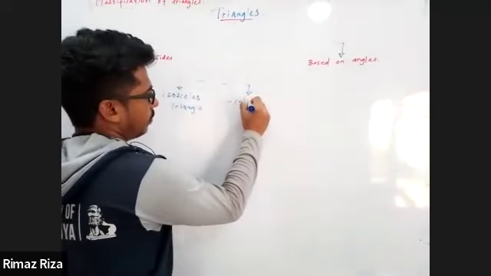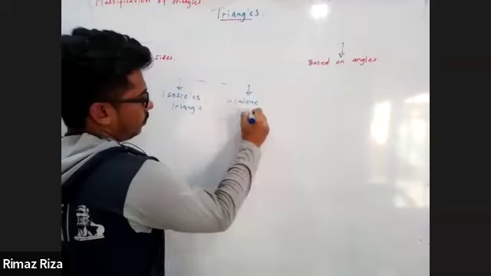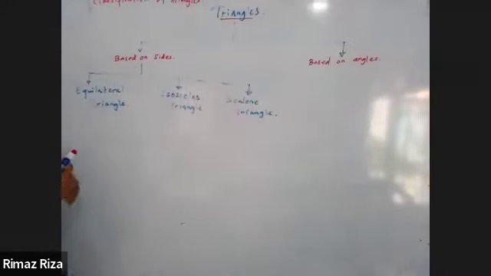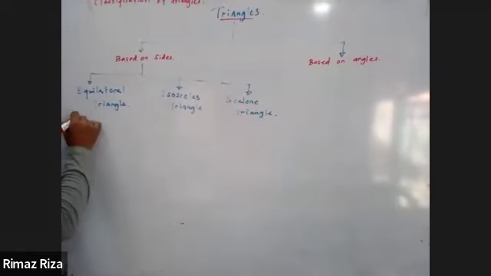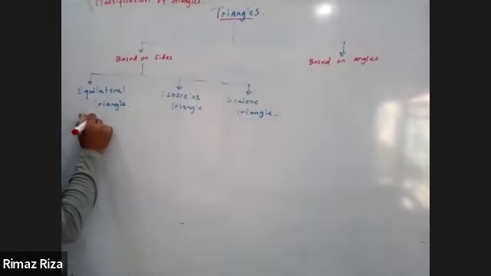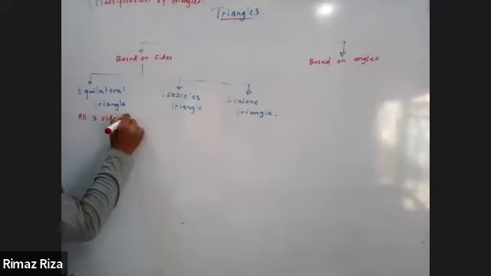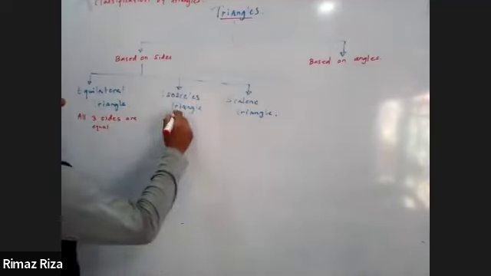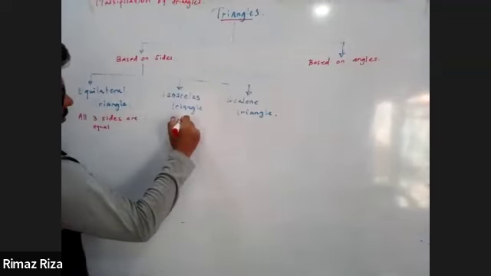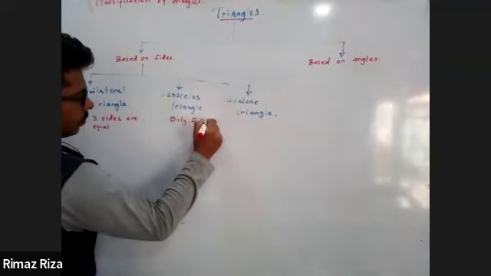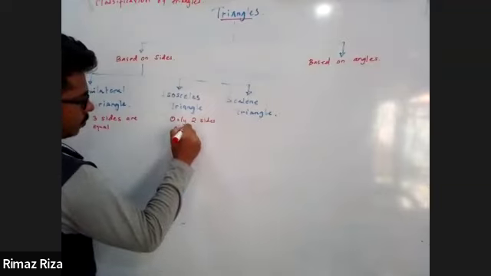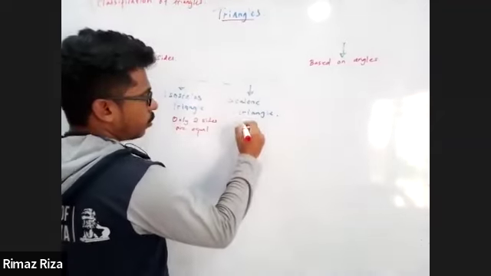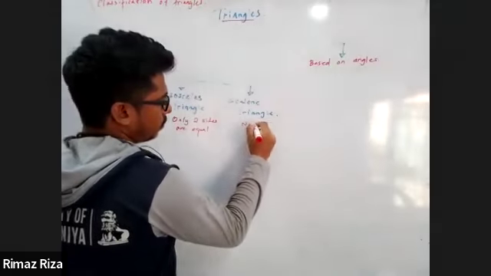Scalene triangle. So equilateral triangle means all three sides are equal. Isosceles, only two sides are equal. Scalene, no sides are equal.